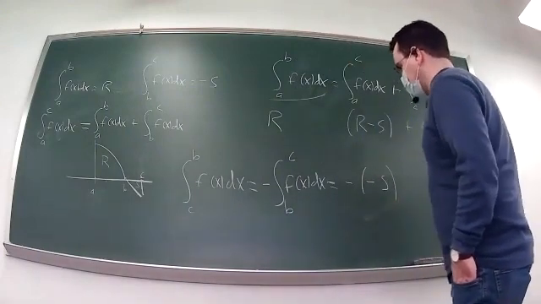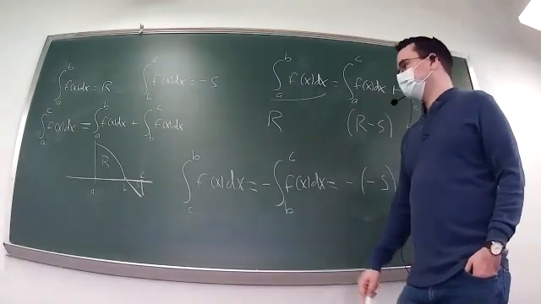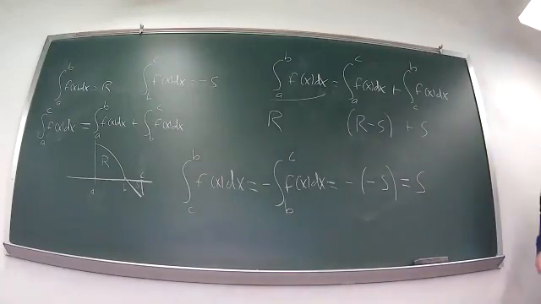It's the negative of the area under the curve. So the integral from C to B is actually just equal to this positive number s.